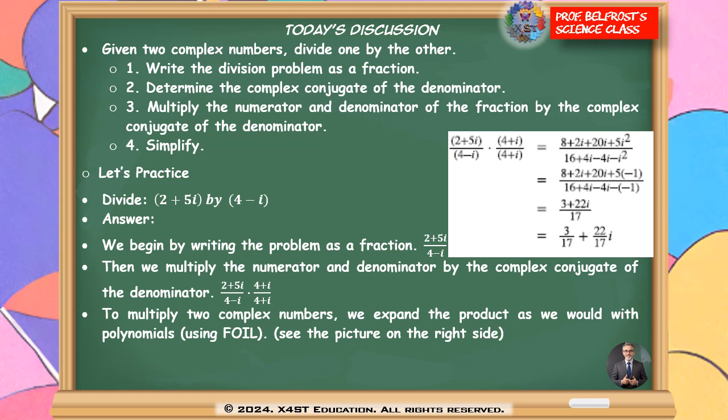The calculation is shown on the right side of the slide. And at last, it gives us the result: 3/17 plus 22/17 i.